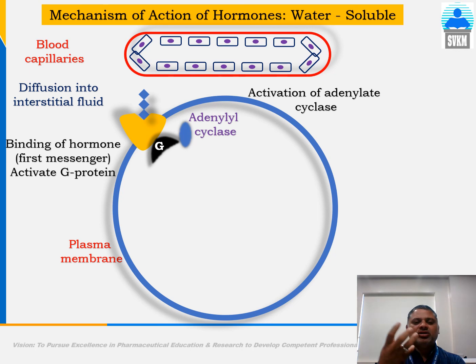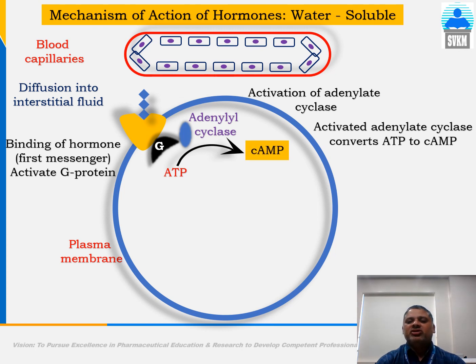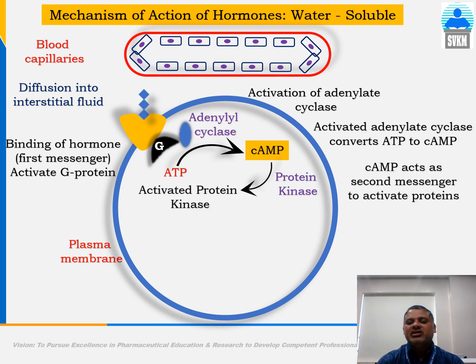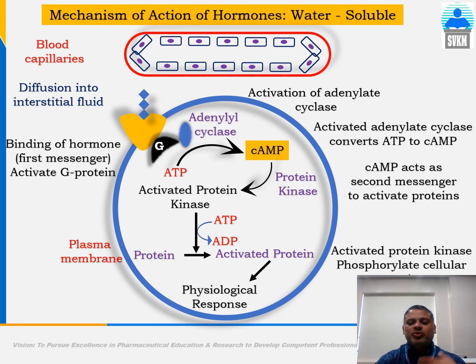The G proteins activate adenylyl cyclase, and the activation of adenylyl cyclase starts to convert ATP into cAMP. This cAMP acts as a second messenger to activate cellular proteins, and the activated protein kinase phosphorylates the cellular proteins, and after that they produce the physiological response.